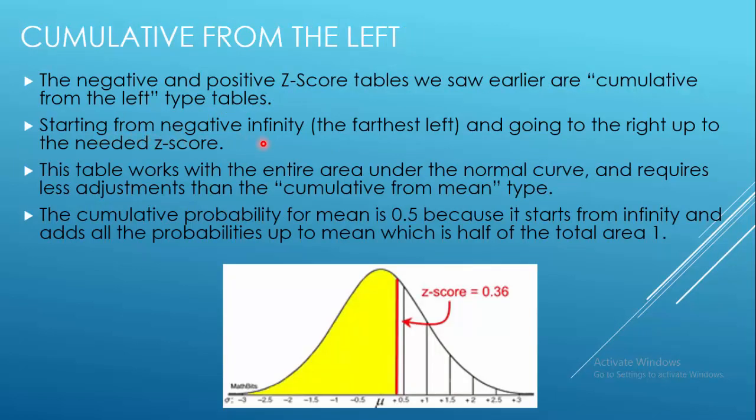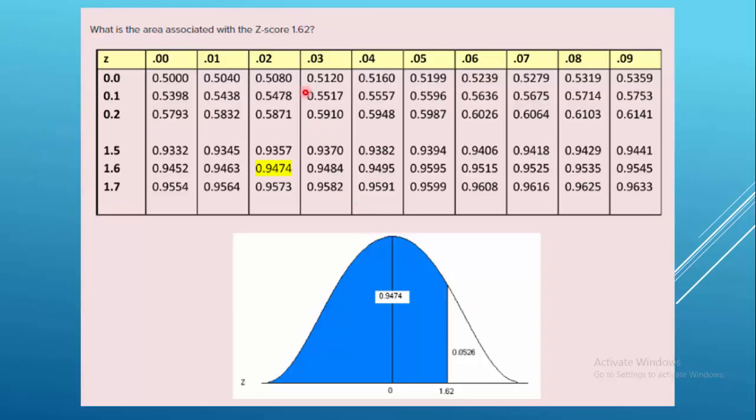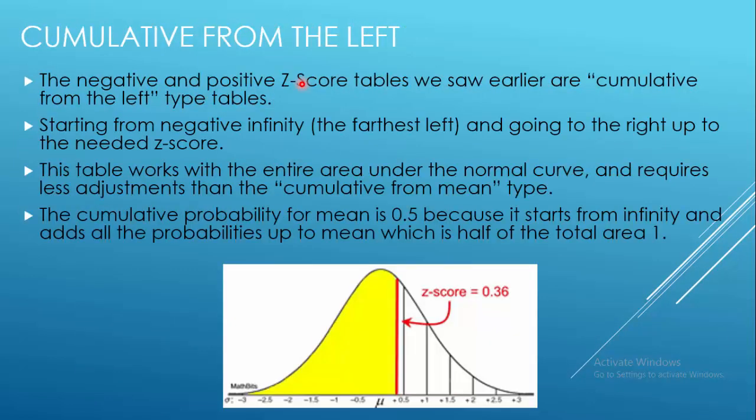Starting from minus infinity and going to the right up to the needed z-score. In this case the needed z-score is 0.36, and in the earlier case it was 1.62. So it goes from infinity up to that z-score value.